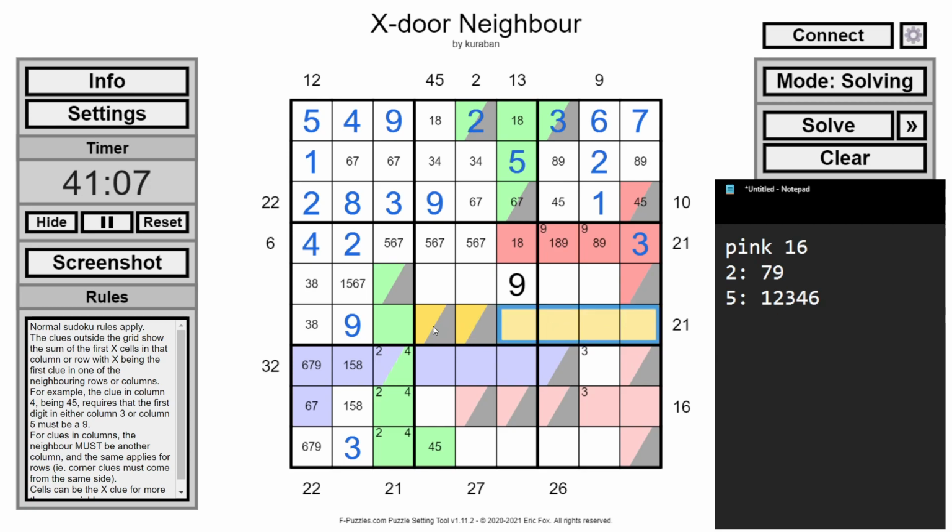21... If this was a 6 long, this would be 7, 8, 9. I don't see a problem with that. I guess I don't know which one of these is yellows. I don't know why I said 8. I meant yellow.